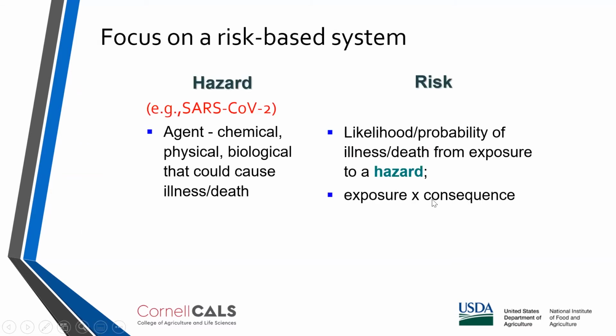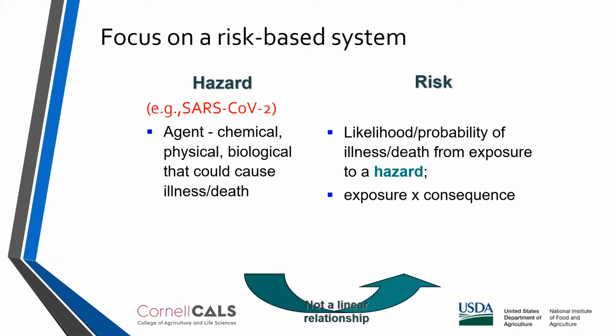In order to make this work, it is important that we understand that we need to focus on a risk-based system for controlling COVID-19. As a reminder, in our case, the hazard is SARS-CoV-2. If we were to have what I would consider a hazard-based system, we would focus and try to control every and anything where the hazard does occur or may have occurred.